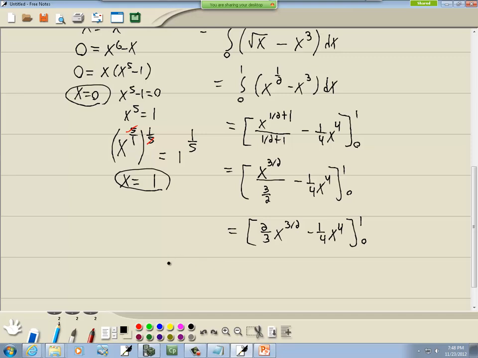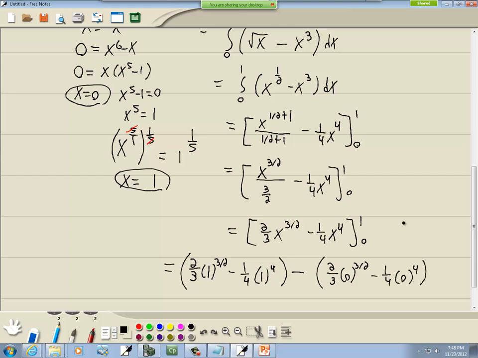Well, now we're ready to plug in our numbers. So I'm going to have 2/3, 1 to the 3/2, minus 1/4, 1 to the 4th, minus, and then we'll plug 0 in, 2/3 times 0 to the 3/2 minus 1/4, 0 to the 4th.